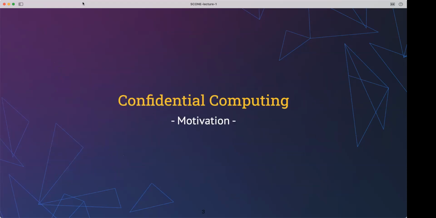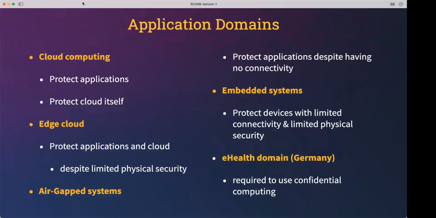Let me start with confidential computing. I want to start with a motivation. What is confidential computing? Where is it used? And as always, if you have questions, ask me. Confidential computing is mainly used these days in cloud computing.